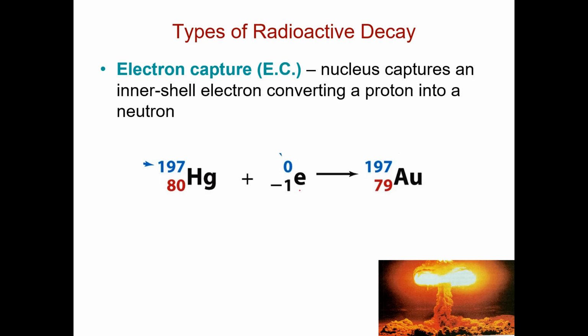So if we capture an electron, 80 minus 1, or in other words 80 plus a negative 1, gives us 79. And then our mass number doesn't change, so we end up with gold as our element.